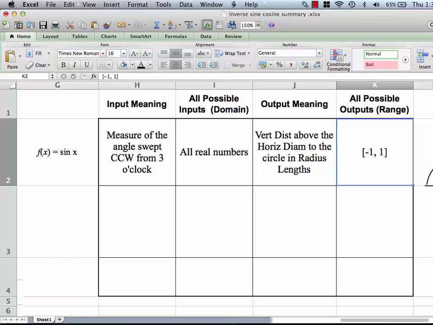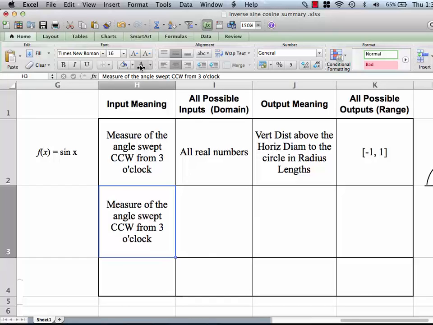Okay, so we want to look at a new function here whose input is the same. So it's the same as sine, it's the same as cosine. It's the angle swept counterclockwise from the 3 o'clock position. Okay, but now the output, it's also going to be a vertical distance, but now it's going to be a vertical distance along what we call the 3 o'clock tangent.